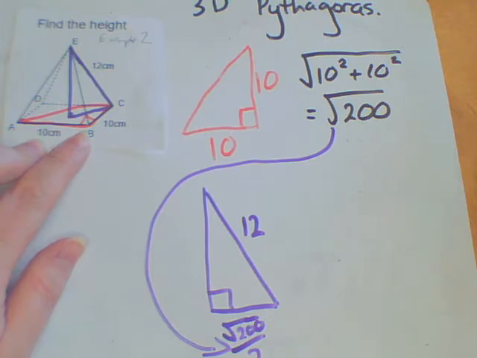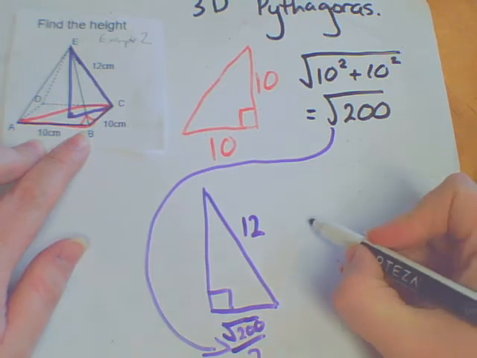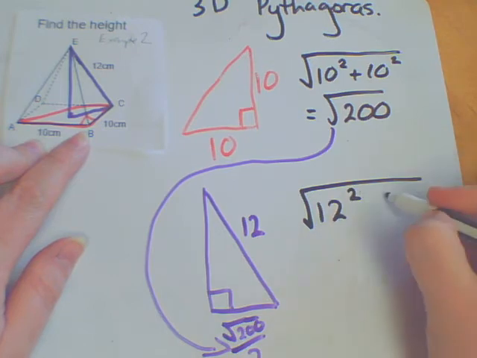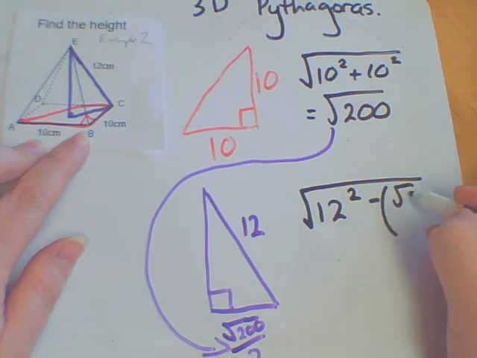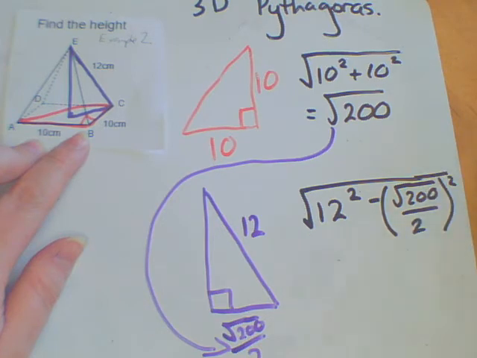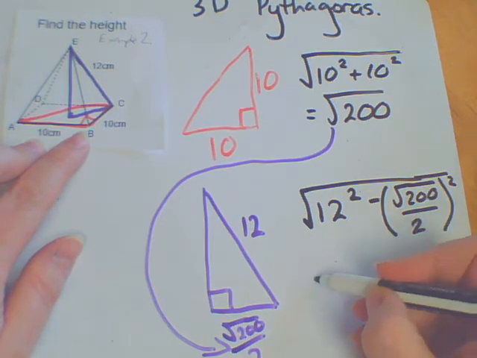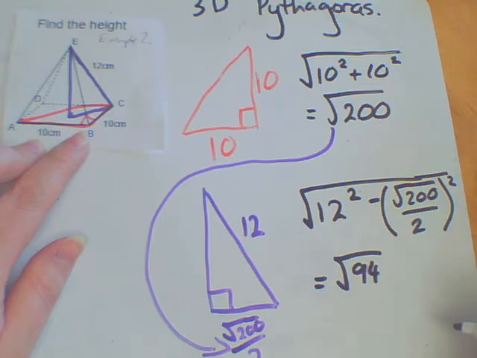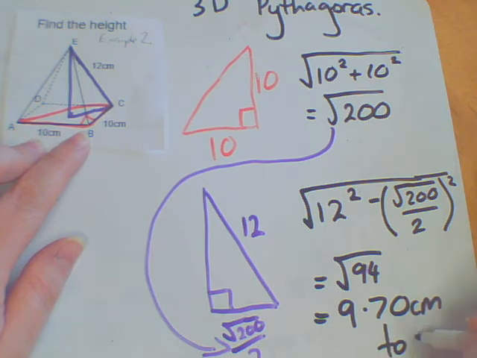Then have a go at your Pythagoras. So the square root of 12 squared minus the square root of 200 over 2 squared. If you've typed that into the calculator correctly, you should have the square root of 94, which is 9.70 centimetres to 2 decimal places.